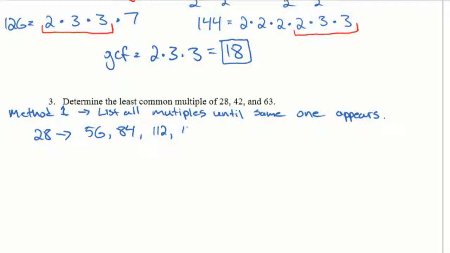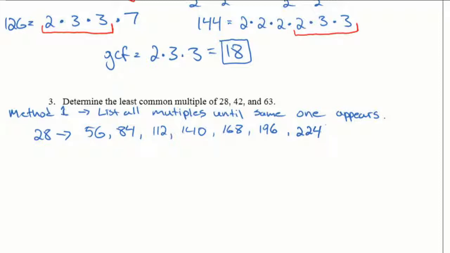Times 5 is 140. So I'm just plugging these into my calculator. 6, 168. Maybe we'll go up to like 200. 7 is 196.